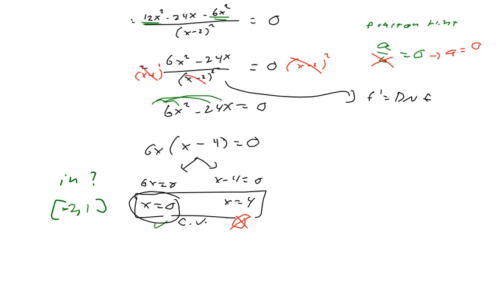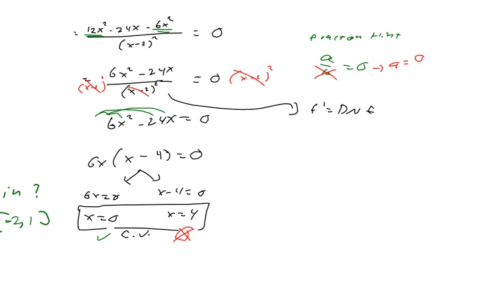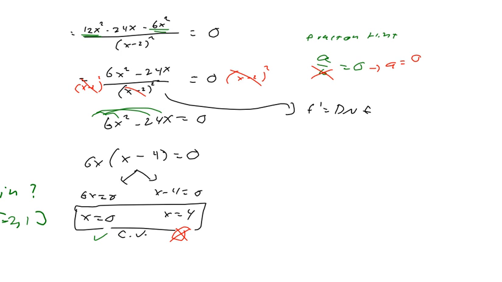Very, very good. All right, so then again, same thing here. I'm going to find out where the derivative does not exist. And the derivative does not exist when the denominator here equals 0. When my denominator equals 0, this is a DNE. So x minus 2 squared equals 0.